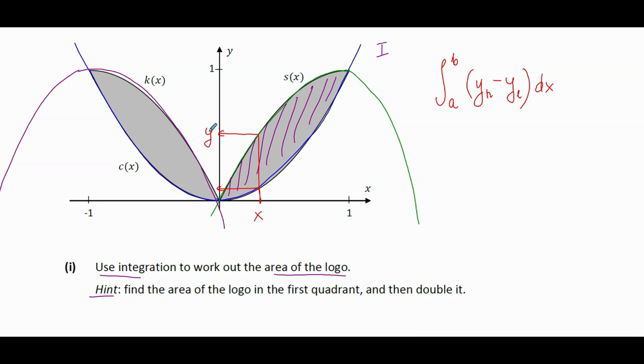So obviously this value of y will be higher than this value of y. So the blue function, which is my C function, will have the lower value of y, and the higher value, this one here, will be the S function. So we need to first subtract them, and then we can integrate.